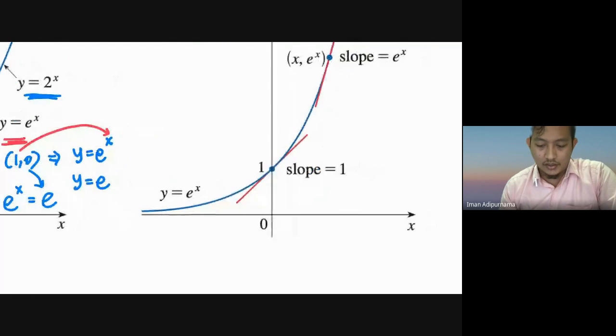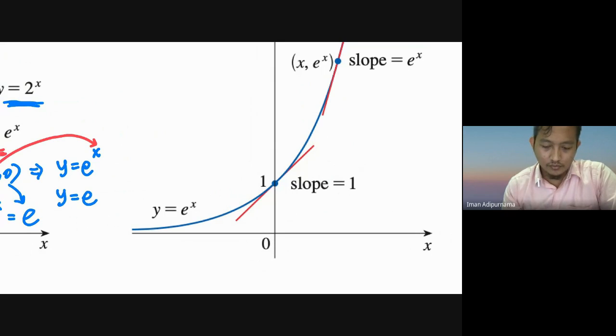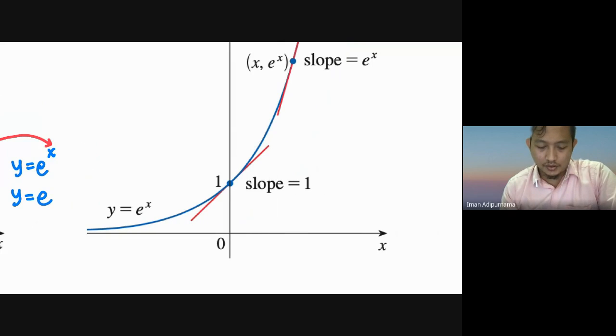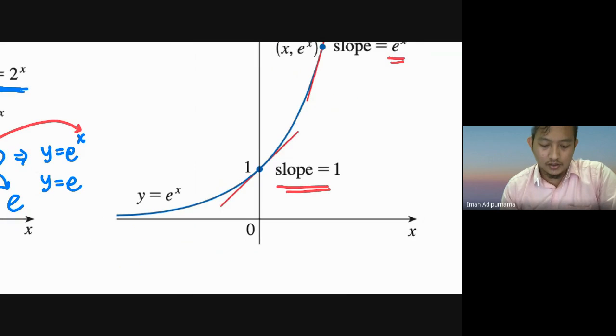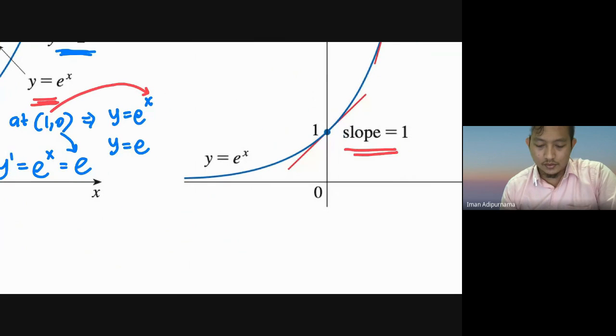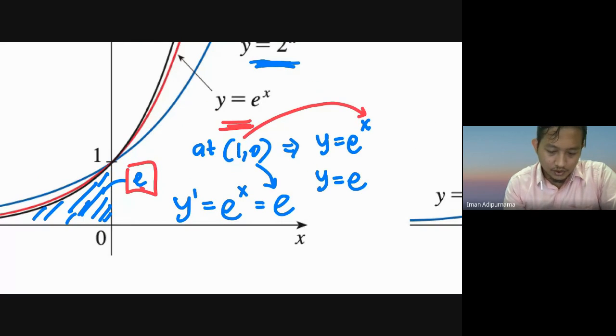And if you look at the slope point by point, how the slope will be. The slope is 1, and the slope of e to the x.